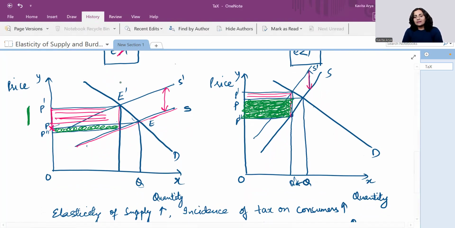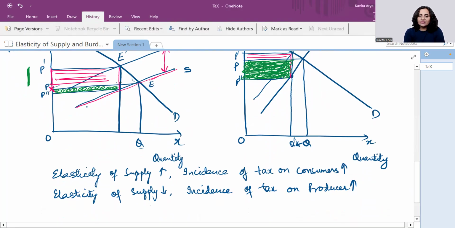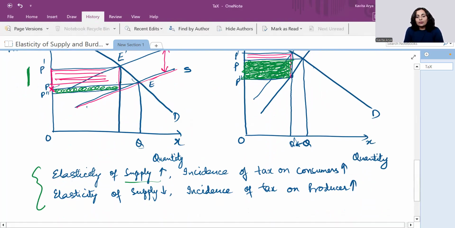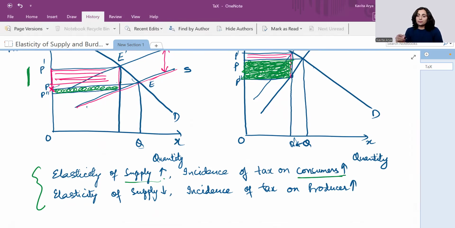On the contrary, the sellers take the major burden. So what is the crux of this understanding? When the elasticity of supply goes up, it is the consumer who is paying more taxes and contributing more towards the tax incidence. But when the elasticity of supply falls, right, producers contribute more to the tax.